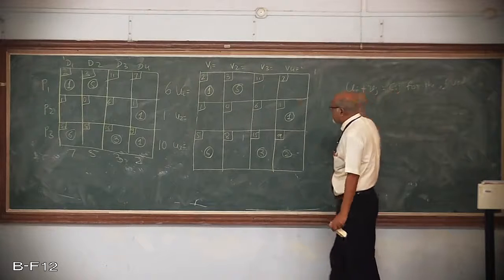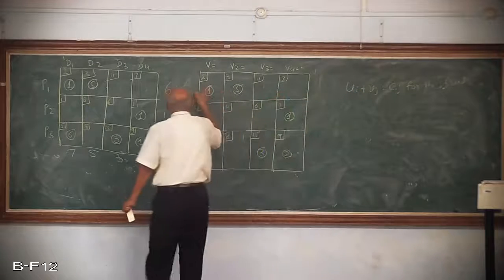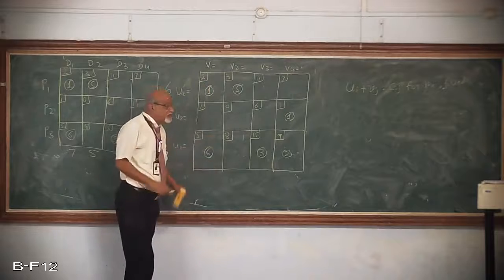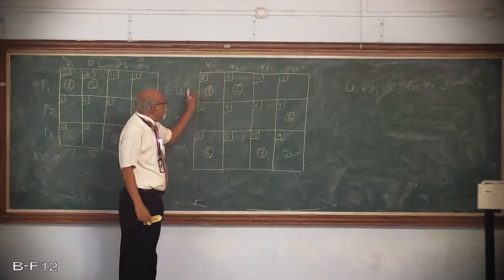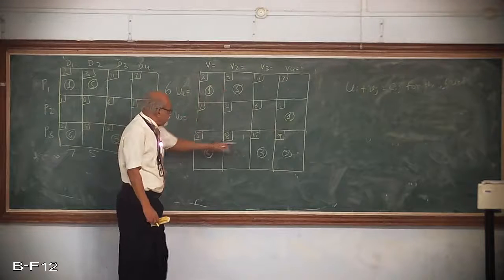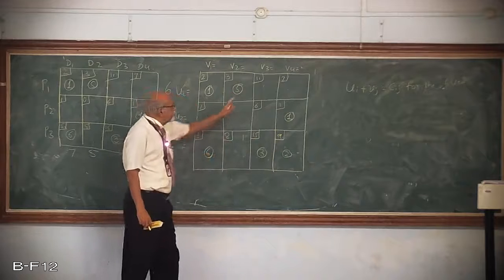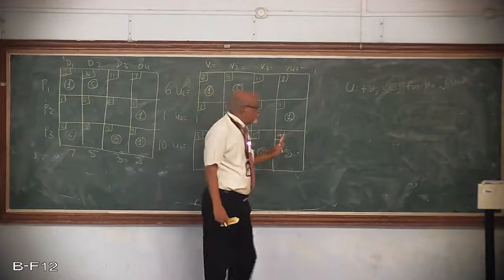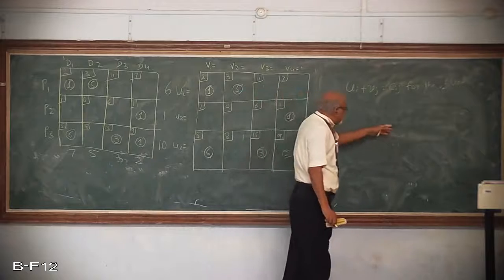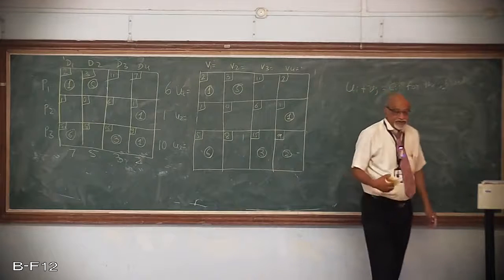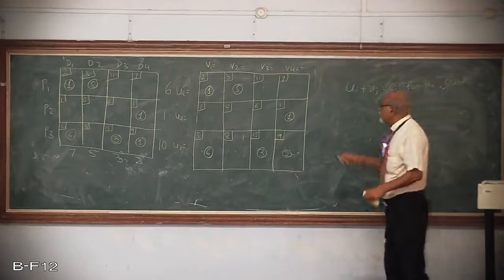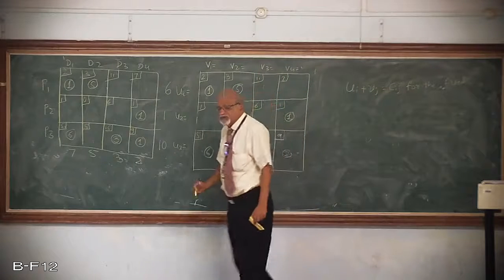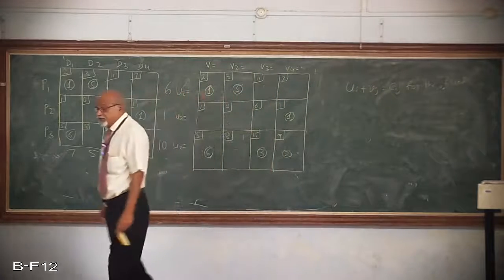For example, for this cell, U1 plus V1 is equal to 2. Similarly for this one, U1 plus V2 is equal to 3. Similarly for this one, U3 plus V4 is equal to 9. That is how we are going to find out. If we go on like this, I am going to get 6 equations. But how many variables do I have? 4 plus 3, 7 variables, so it is not possible. Then what is to be done?